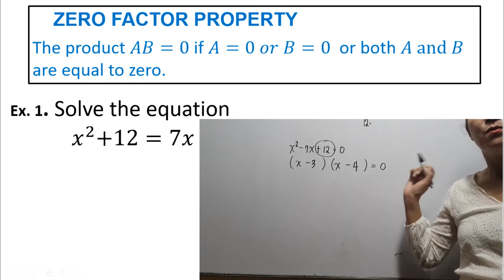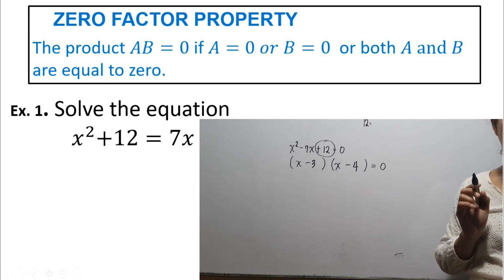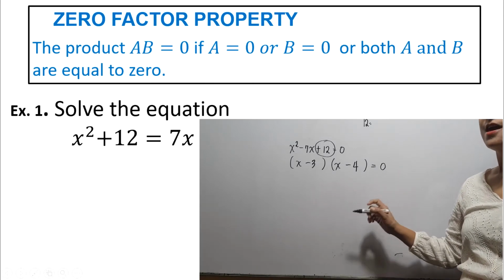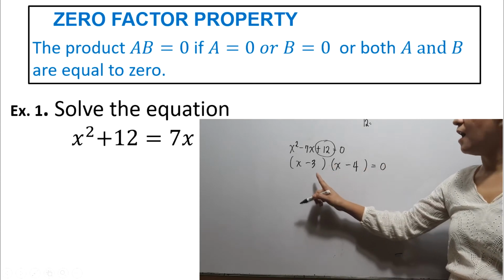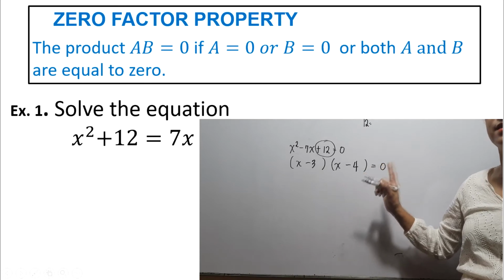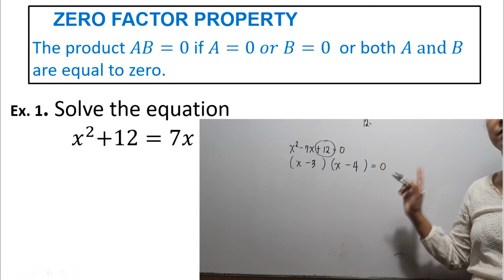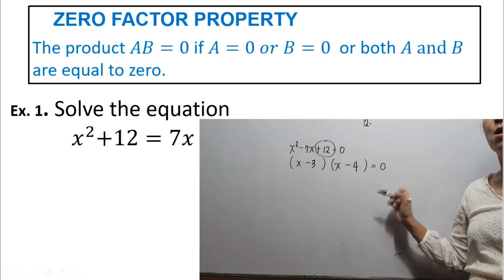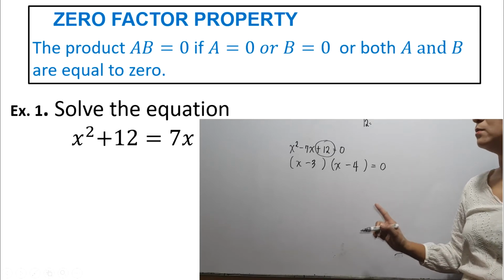So ngayon makukuha na natin yung root or solution by applying the zero factor property. Na ang sabi dun sa zero factor property, the product AB is equal to 0 if A equals 0 or B equals 0 or both A and B are equal to 0.